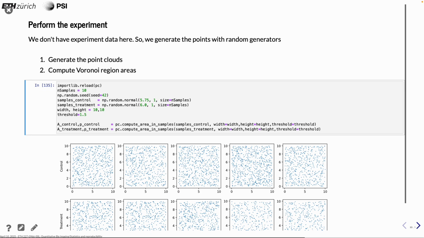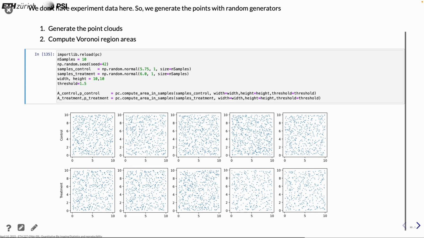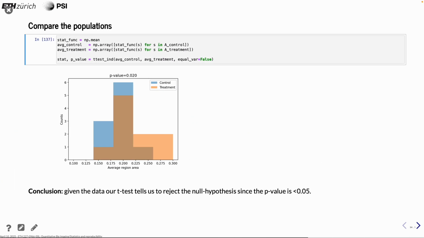So what I have to do is first create a lot of point clouds. I generate my starting points with a normal distribution. These are hidden functions; if you want to look at the code, it's in the repository. Then I generate a lot of these point clouds, and we want to compare these.